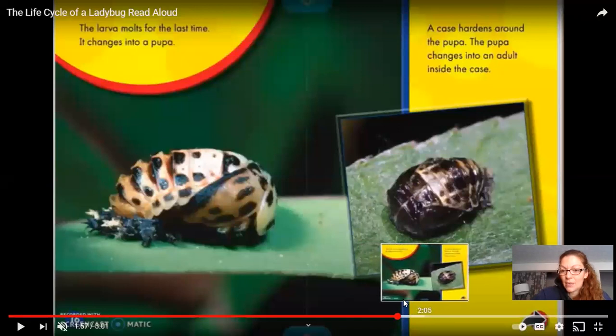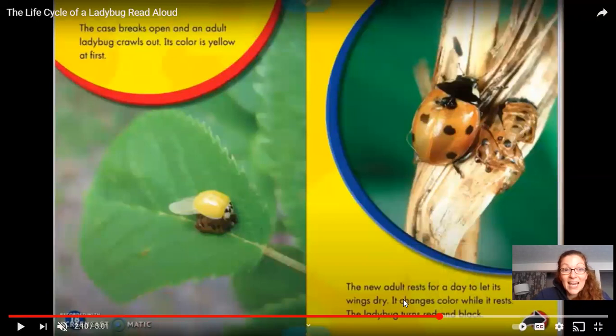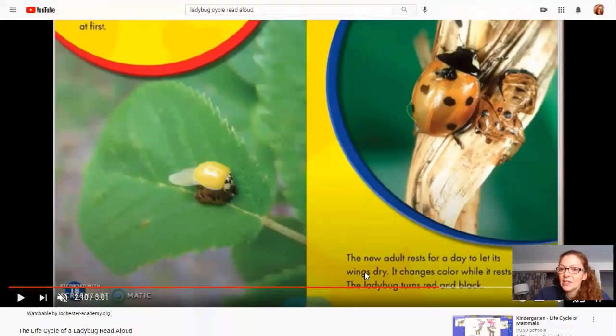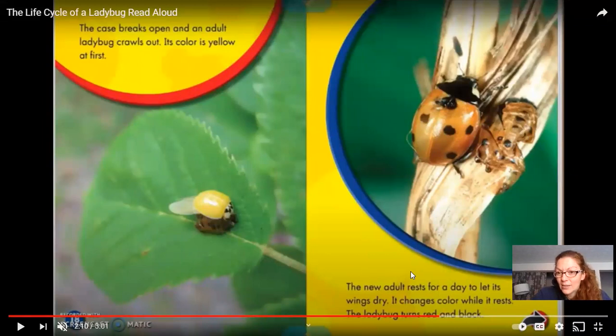Let's see what happens when the pupa is inside. The case breaks open. So there was a little case. The case breaks open. An adult ladybug crawls out. The color is yellow at first. The new adult rests for a day to let its wings dry. Its color changes while it rests.